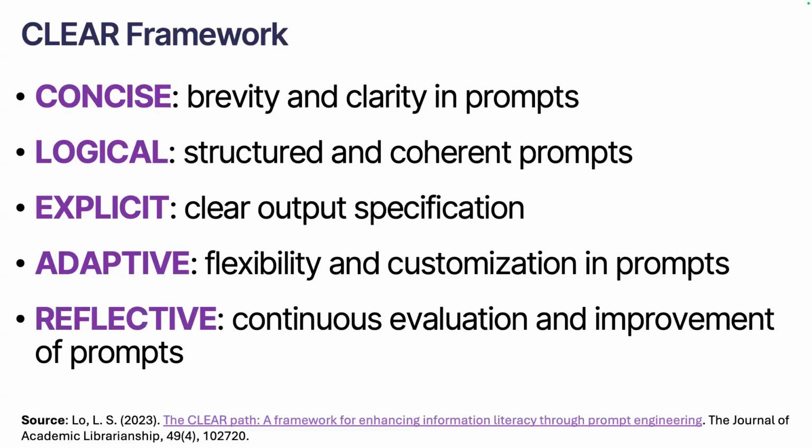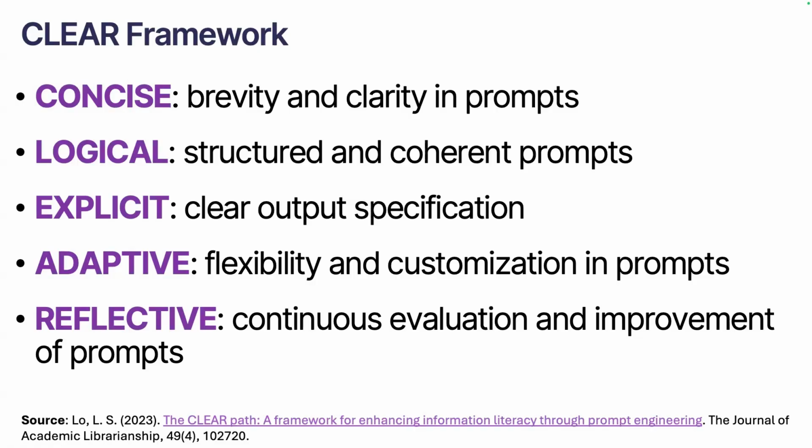And you also want to be continuously reflective of what you're seeing. And you want to be evaluating the output for accuracy. And we're going to talk about this more next week, how you do what's called lateral reading to verify the accuracy of everything that you're seeing in the output.